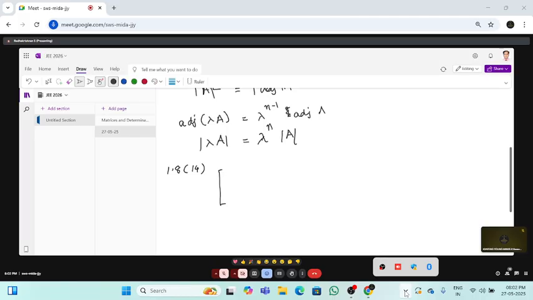A equal to 1, tan theta by 2, minus tan theta by 2, 1.